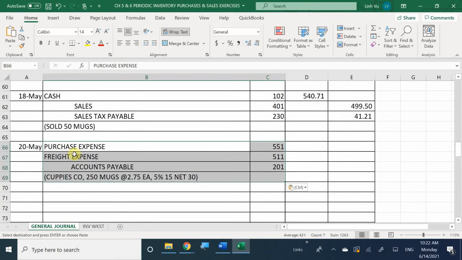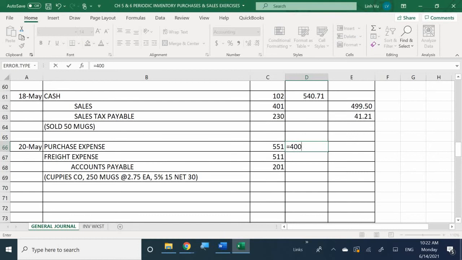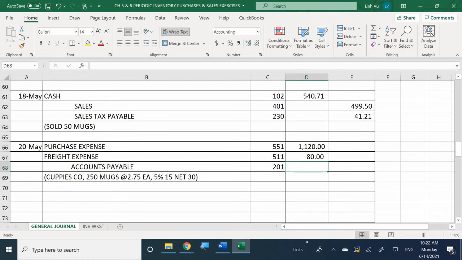Okay. So let's see. We had here total purchase expense was 1,120. Freight was, I think it was $80. Total 1,200.